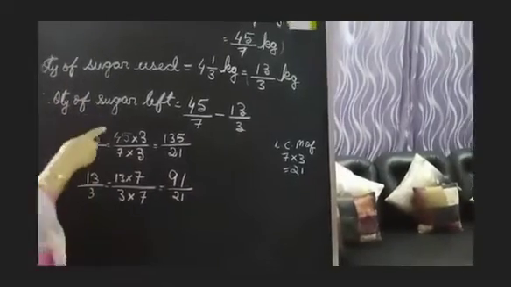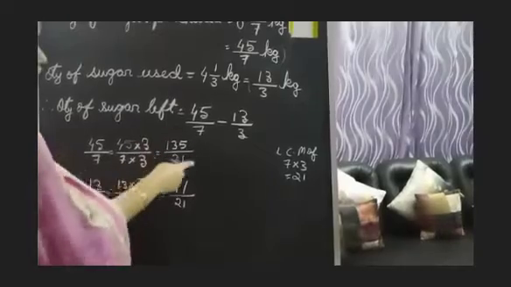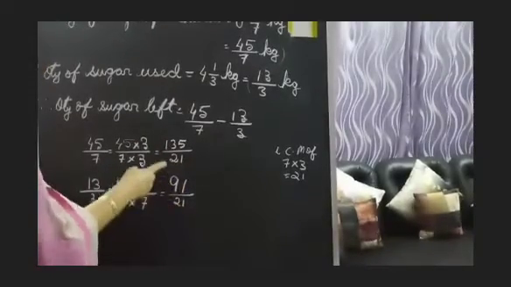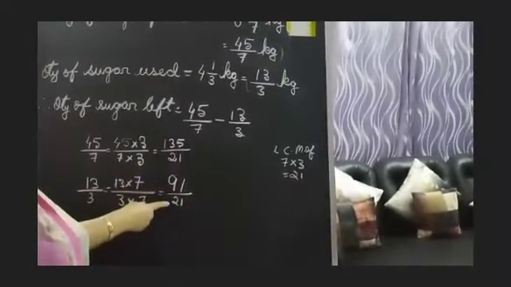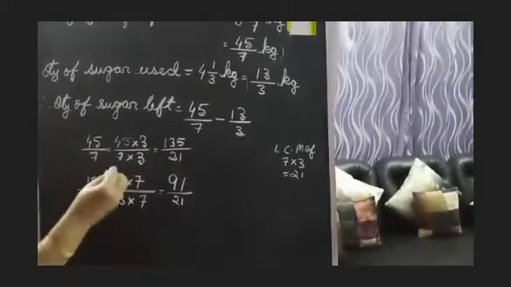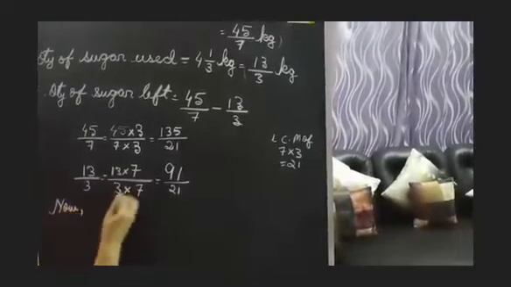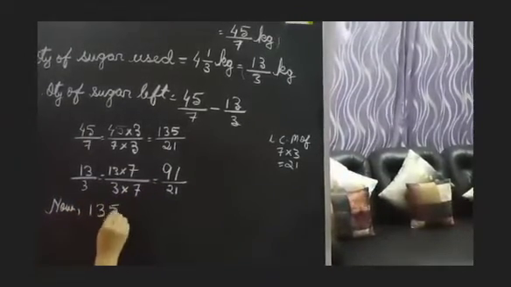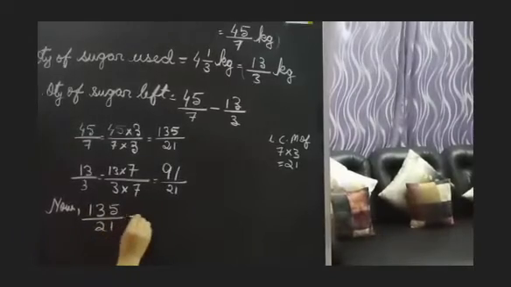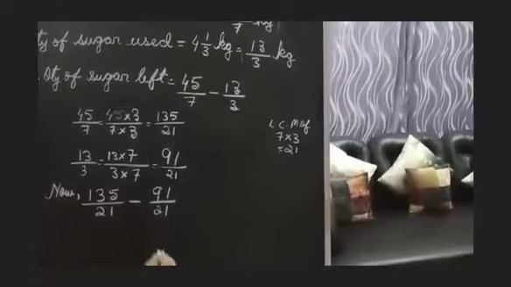Now these unlike fractions with different denominators have been converted into like fractions. That means their denominators are the same now, so we can easily subtract. Let us do the subtraction now. 135/21 minus 91/21.